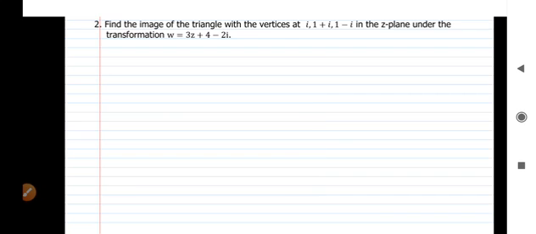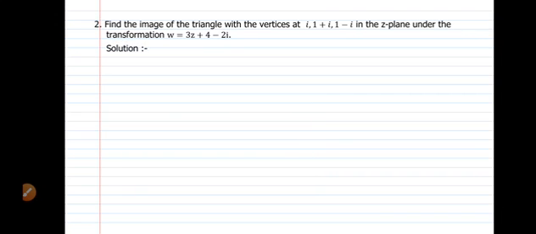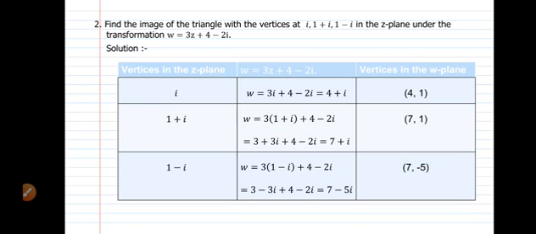And due to translation by the factor 4 minus 2i, the position of the original triangle will get shifted to some other point. So now it is sure that under this transformation you will get again a triangle which is magnified. So in this way also you can solve such type of examples.